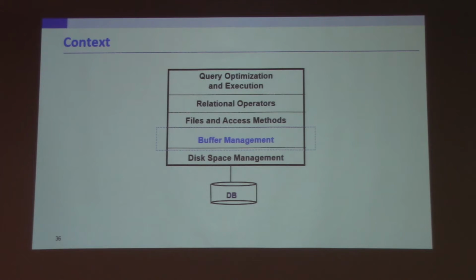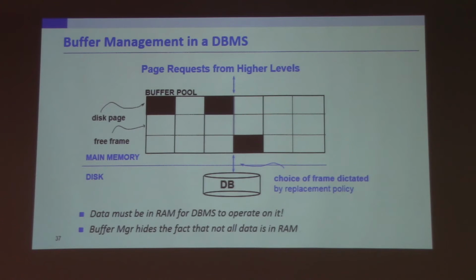You need to bring that data to main memory first, so that your CPU can operate over it. And this introduces another major component in the database kernel called the buffer manager.